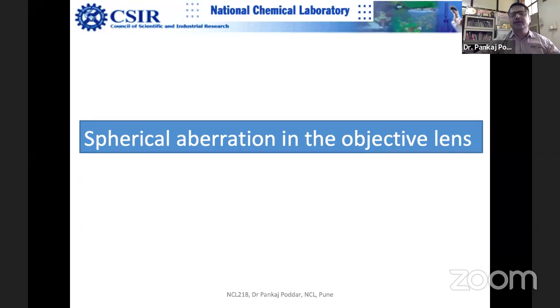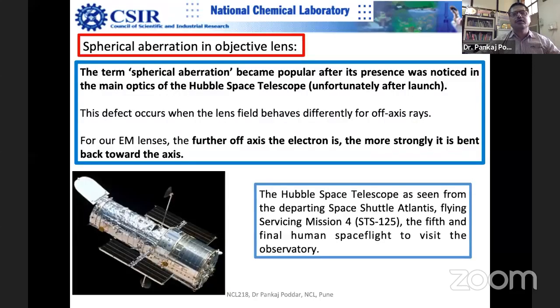So this spherical aberration term was highlighted in the media from the first launch. There was a lot of interest in spherical aberration when the Hubble telescope was launched for extraterrestrial exploration, because as all of you know, as science students, a light beam starts flickering when it reaches the earth because of the multiple refraction in our environment.